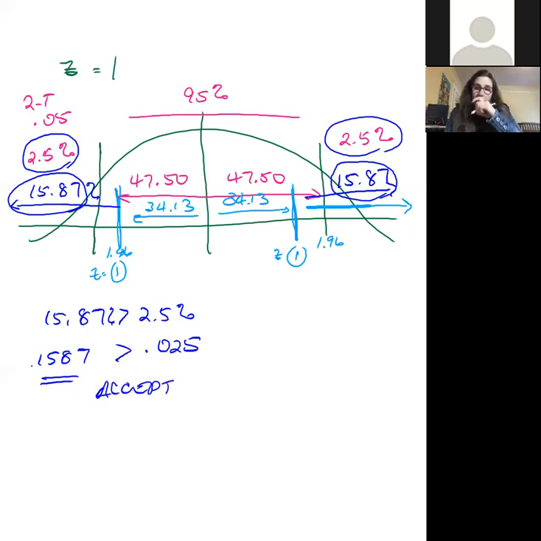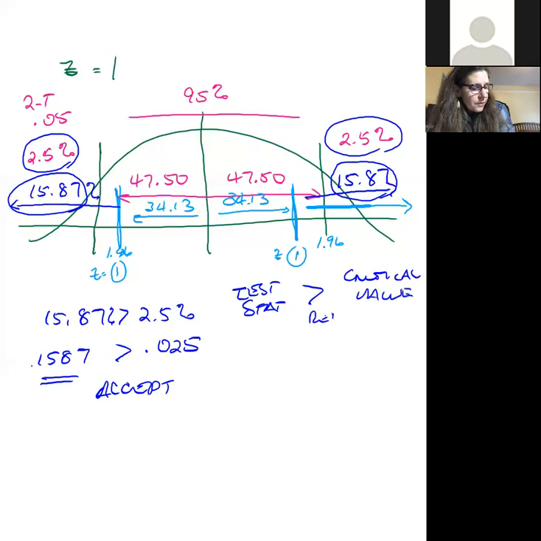When we look at it this way using the probabilities, it's the reverse of when we use the critical value. Remember that if our test statistic is greater than the critical value, we reject. If the test statistic is less than the critical value, we have to accept because we didn't get over the hurdle. But if we're comparing the probabilities, it's the reverse.